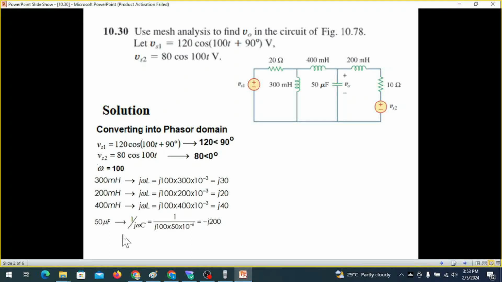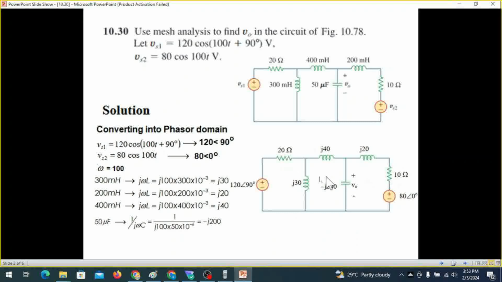In case of a capacitor, this formula is 1 over j omega C, or it is also written as minus j over omega C. And putting the value, we get minus j20, 200, sorry. So now our circuit will look like this, everything replaced by the phasor values. And now we can solve it easily.